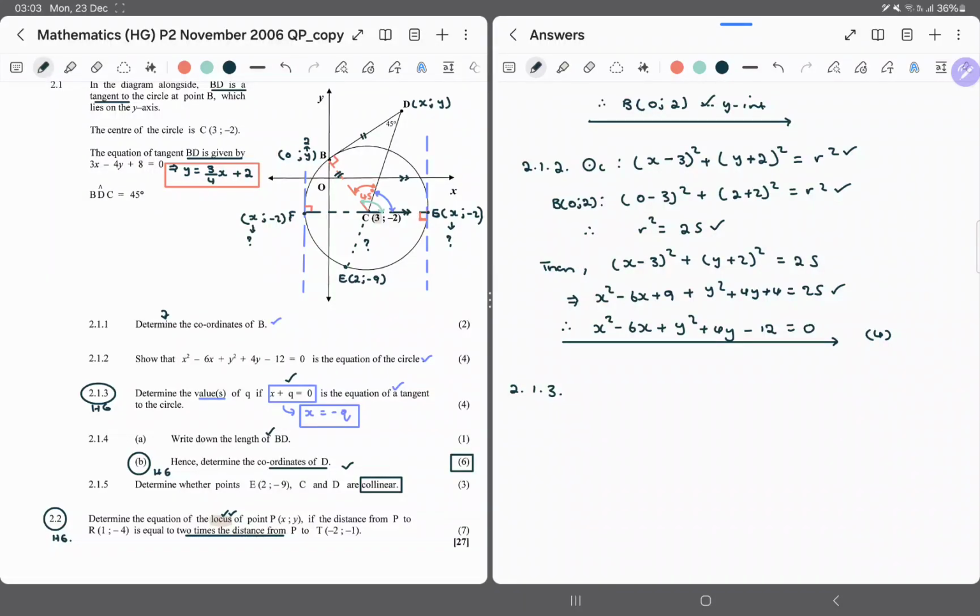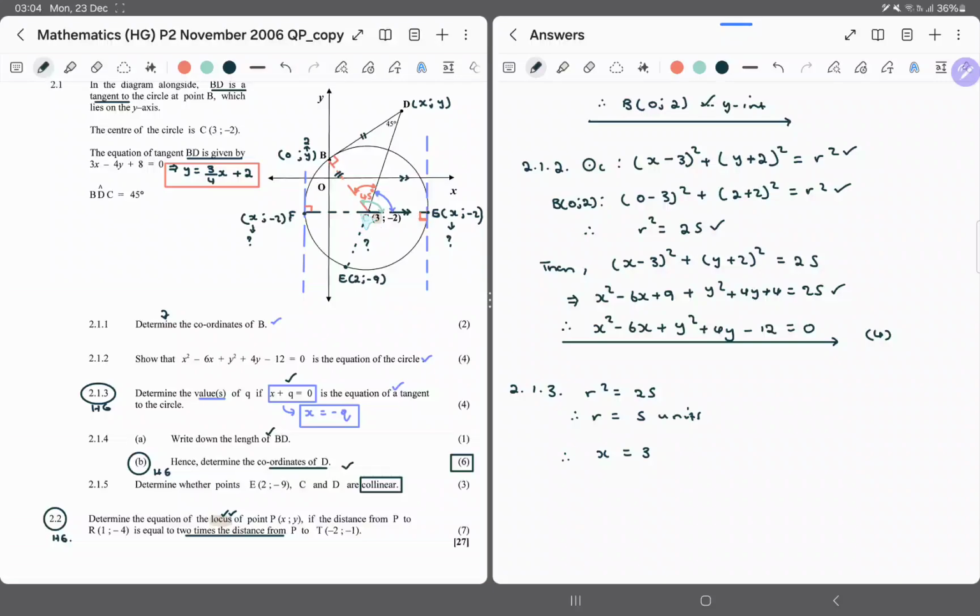2.1.3. We need to get the values of this situation, but can you see, we know that certainly r squared is equal to 25. Therefore r is basically 5 units. This is from above. So we can say therefore the equations here is going to be x is equal to, we take the x value here, it's going to be 3.